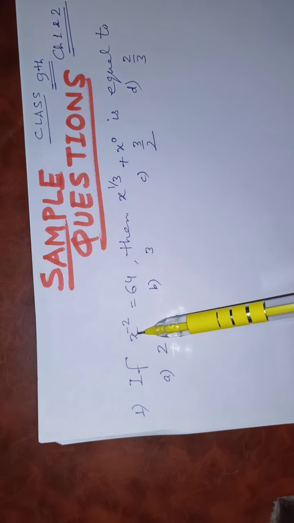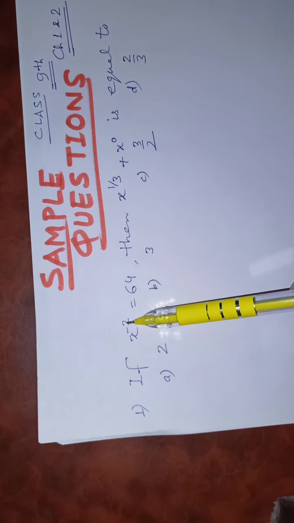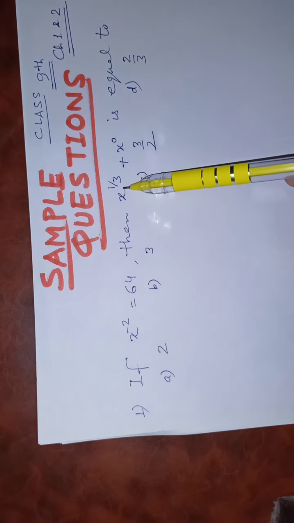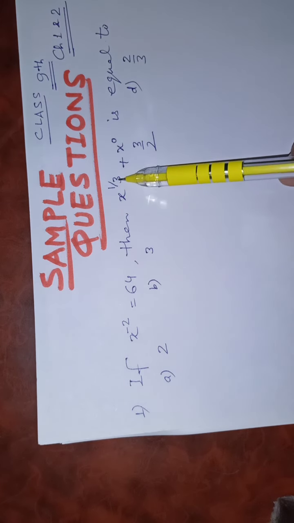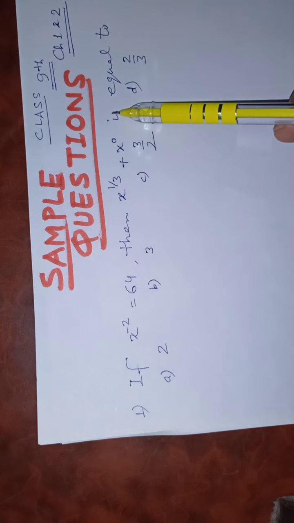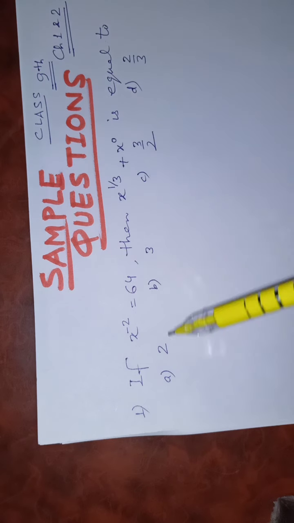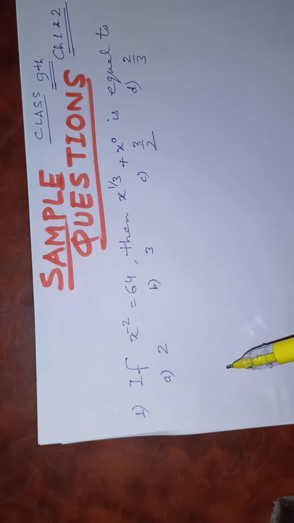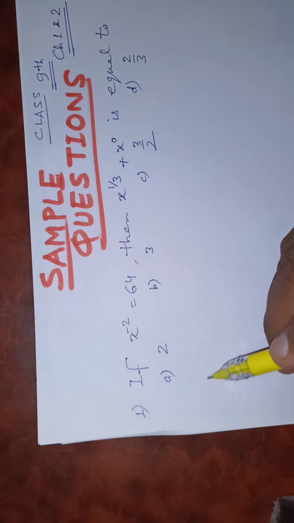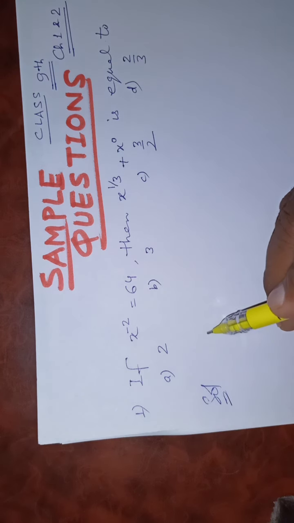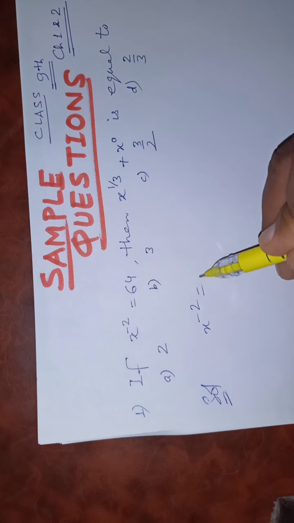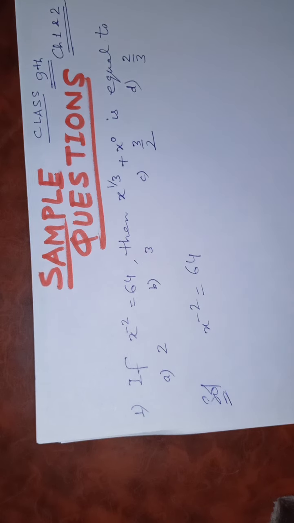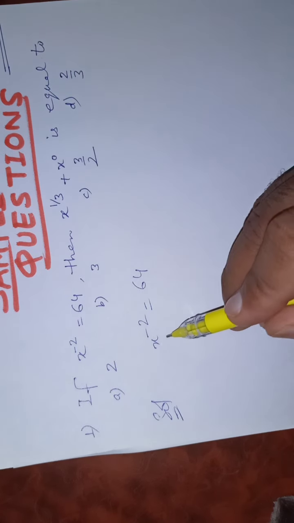Here, if x raised to the power minus 2 is equal to 64, then you have to find x raised to the power 1 upon 3 plus x raised to the power 0. Okay, that is equal to what? Right? So let us solve. x minus 2 is equal to 64.